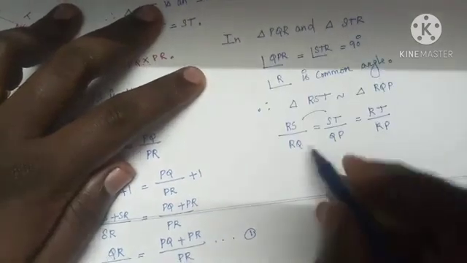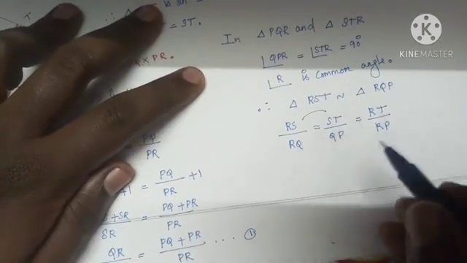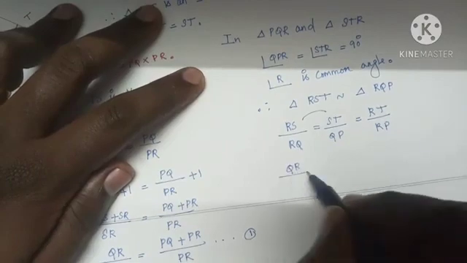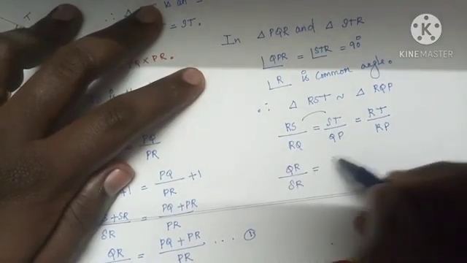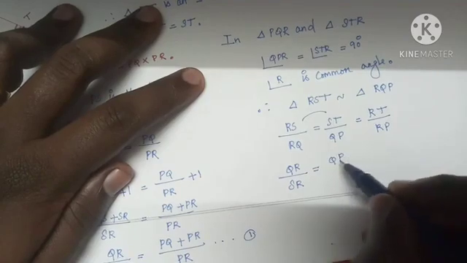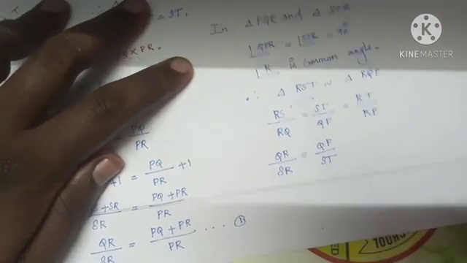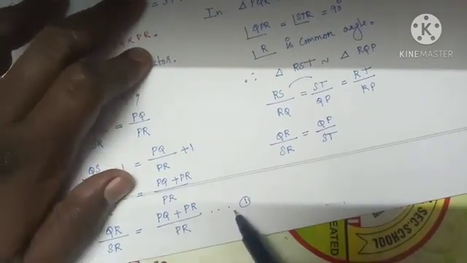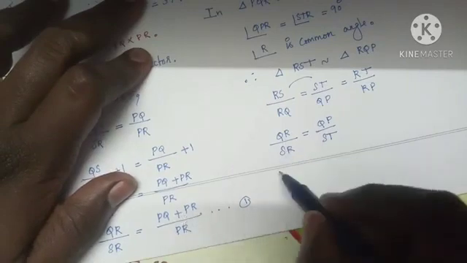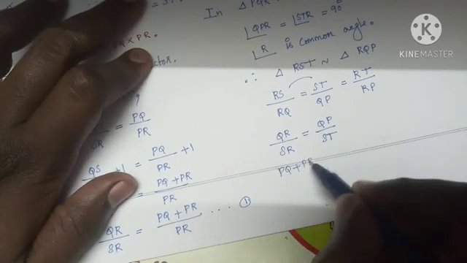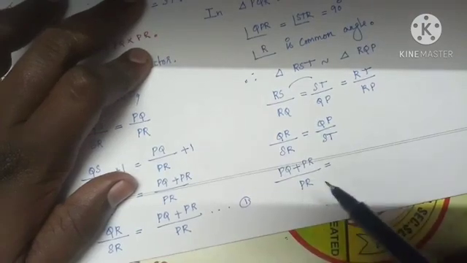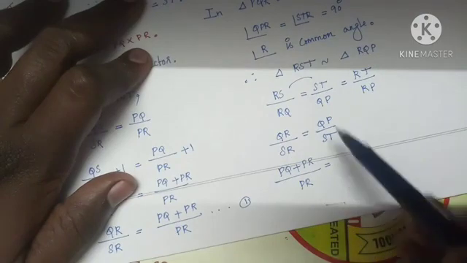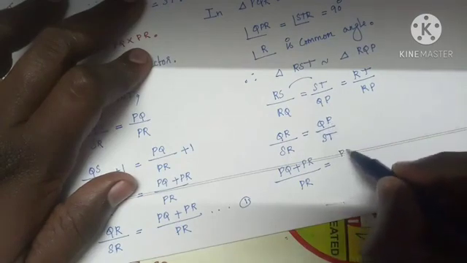Take the first two and write them in reciprocal form. So it can be written as QR by SR is equal to QP by ST. In equation number 1, QR by SR equals PQ plus PR by PR, which is equal to PQ by ST. What is ST?